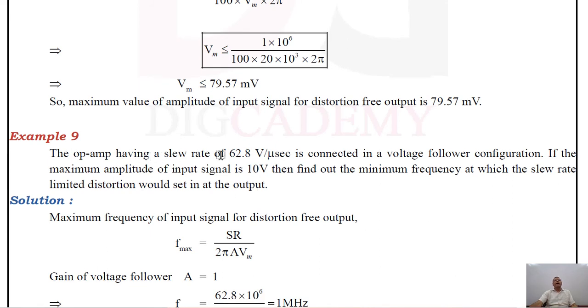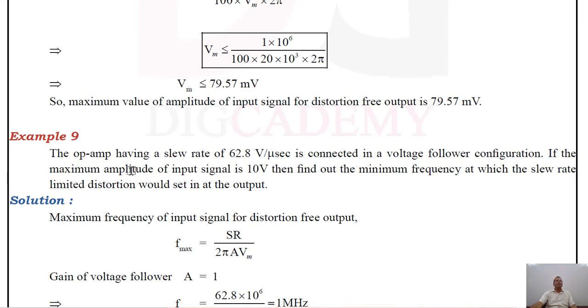The op-amp has a slew rate of 62.8 volt per microsecond and it is connected in a voltage follower configuration. Remember, voltage follower configuration means the configuration with unity gain. We will see it at a later stage, but at this moment you should remember the voltage follower is the circuit which has unity gain.